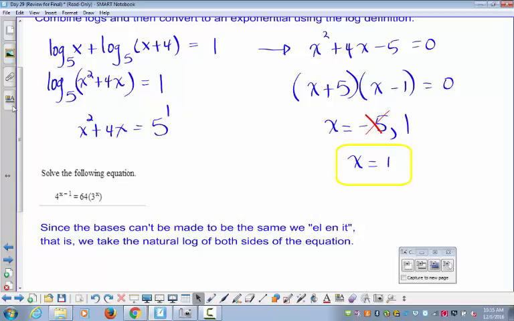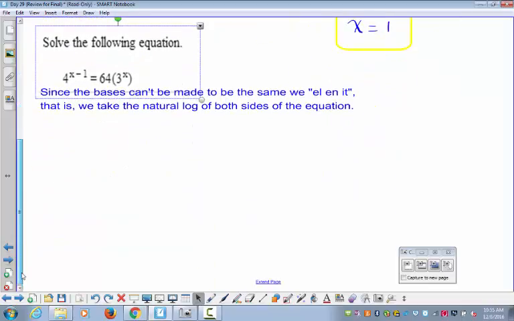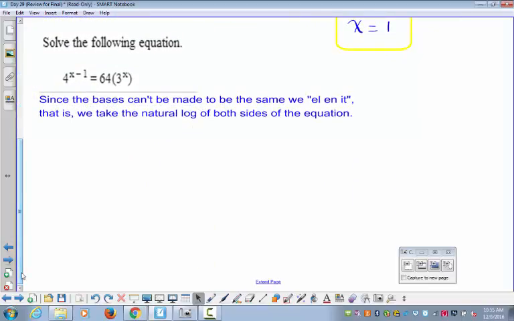Then let's do a harder exponential where we don't have the luxury of equating the bases. So here we are going to have to take the natural log of both sides. We have to ln it. Take an ln of the left and an ln of the right.